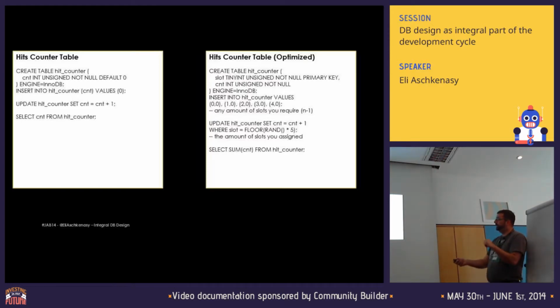And you randomly enter it into any of the slots. So on each and every update, let's assume you have 5 slots, you're randomly updating one of the counters. And then when you do a select to find out what the count actually is, you just do a sum of all these fields. So the contention is always divided by 5, or however many slots you actually assign.